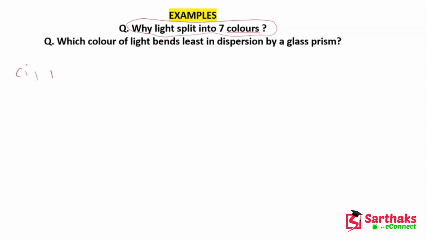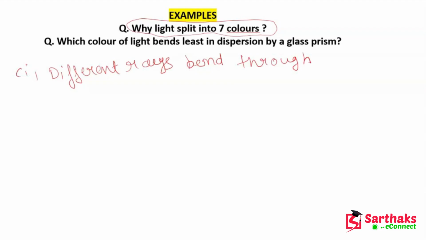So what will the answer to this question be? You can write that different rays bend at different angles, or different rays bend through different angles with respect to the incident ray.